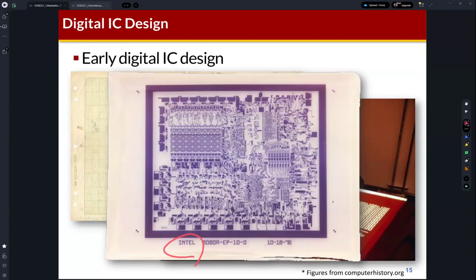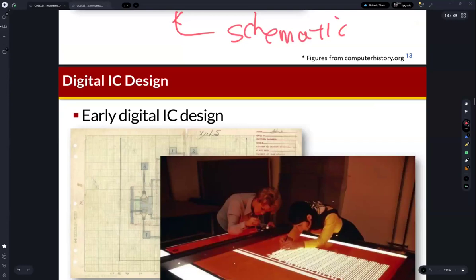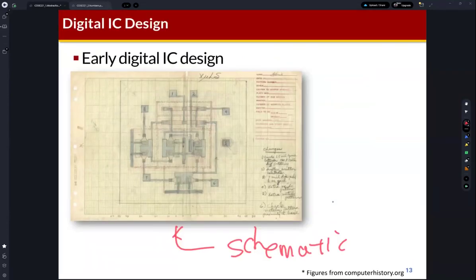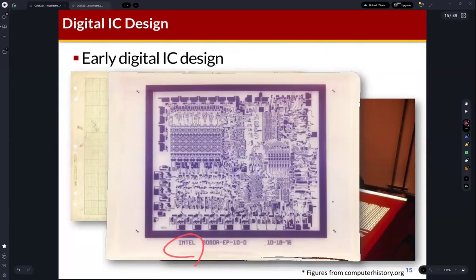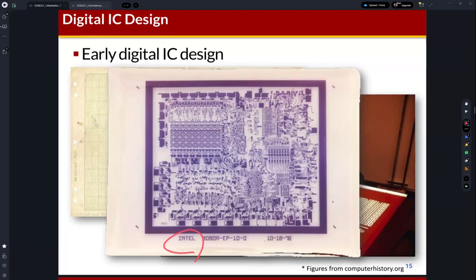But you can find that it is more complex than this figure, this schematic, but it's okay. We can see some wire connections, some components, and some transistors in this photo.